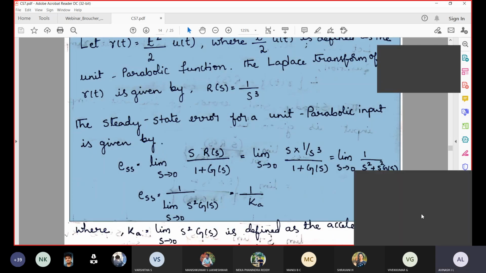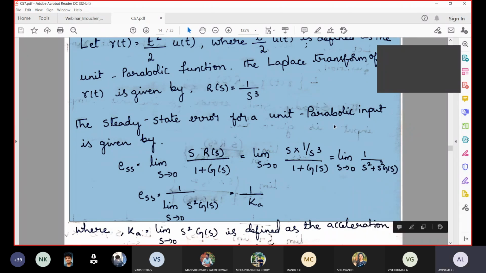Up to this particular stage, please all write it down.